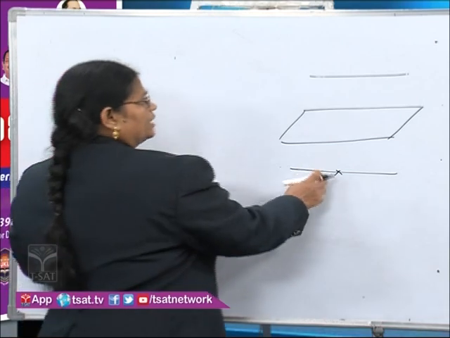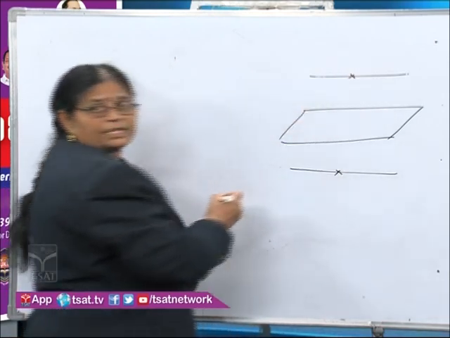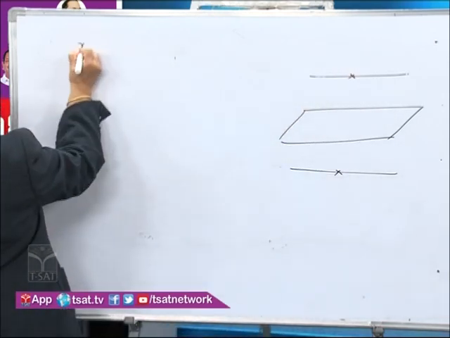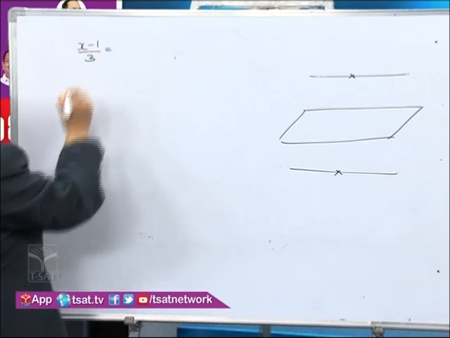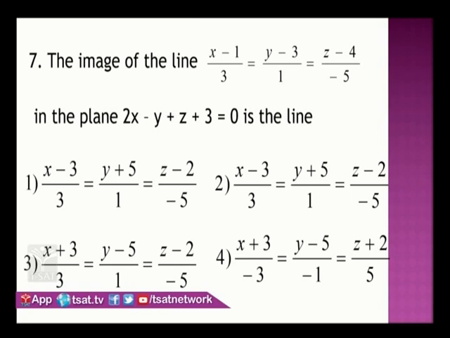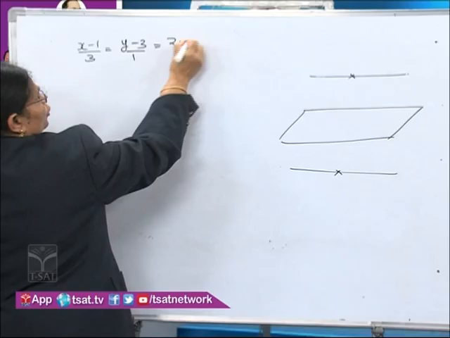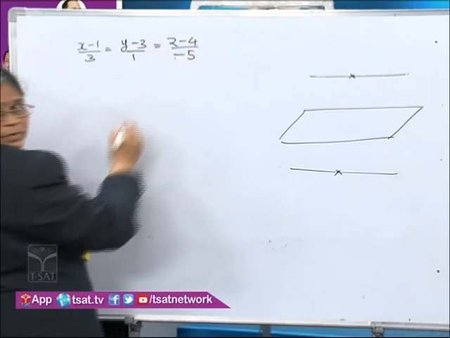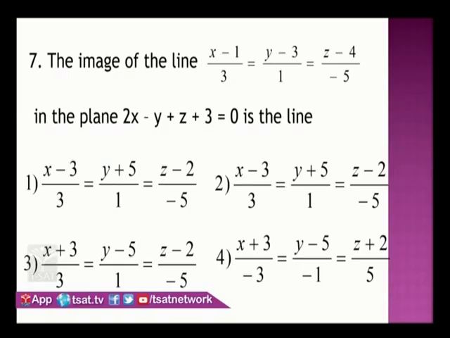To find that, what we do here: the given line is (x - 1)/3 = (y - 3)/1 = (z - 4)/(-5). And the plane is 2x - y + z + 3 = 0.